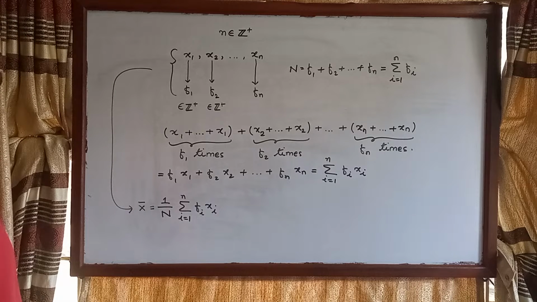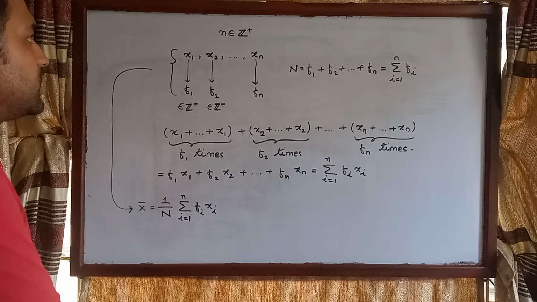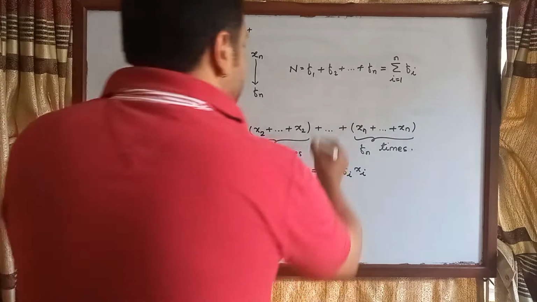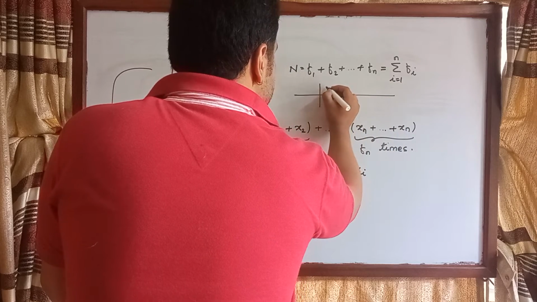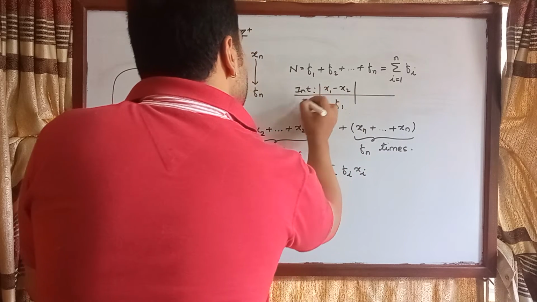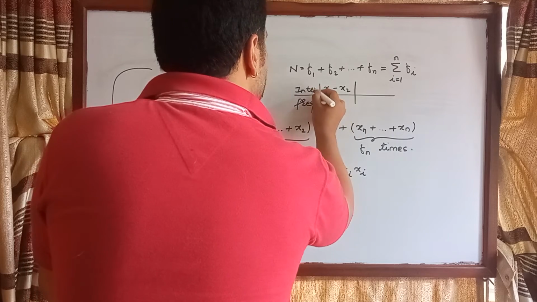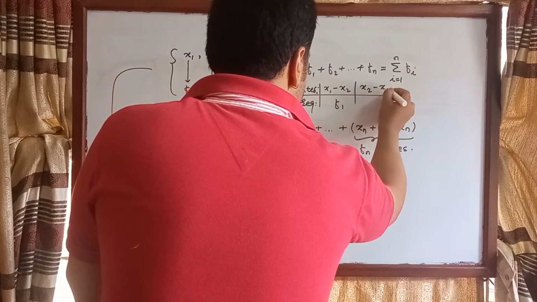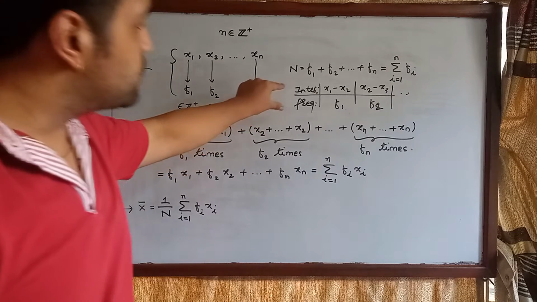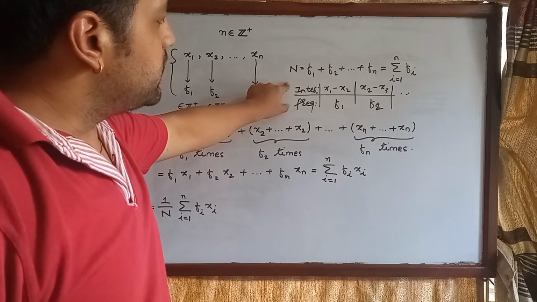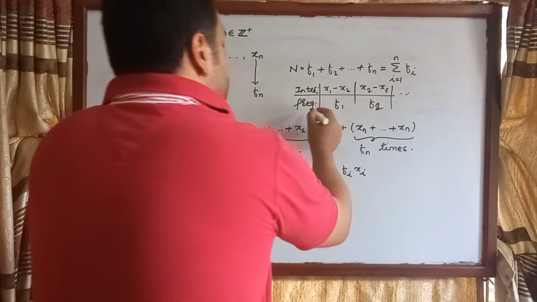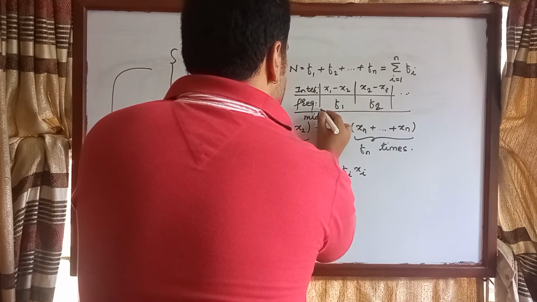Now regarding the class interval: to calculate the mean of a frequency distribution involving class intervals, with intervals and frequencies like this, all we need to do is convert this into a frequency distribution of the earlier sort by taking mid values.